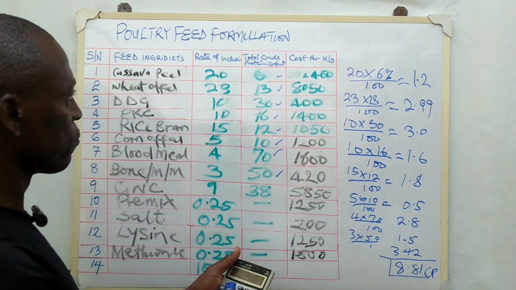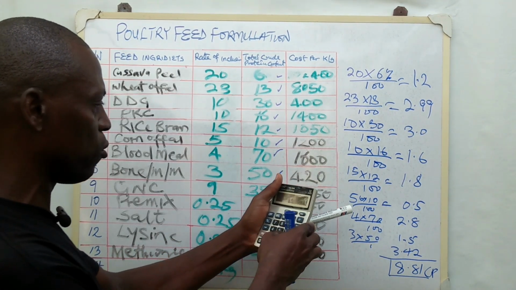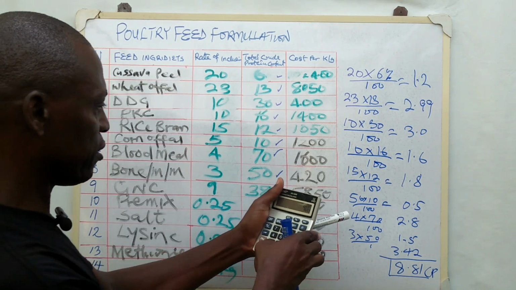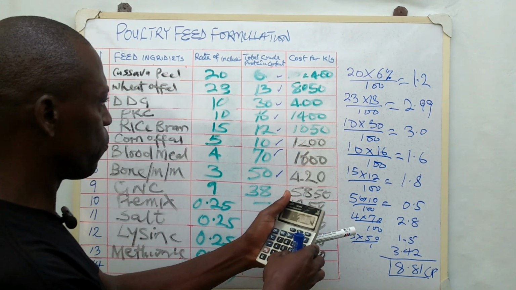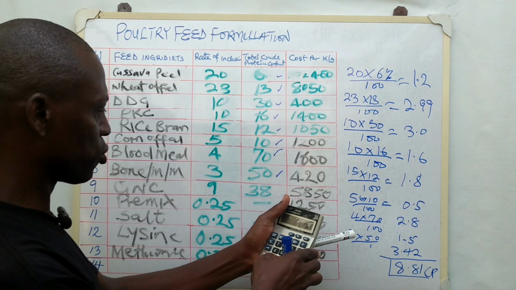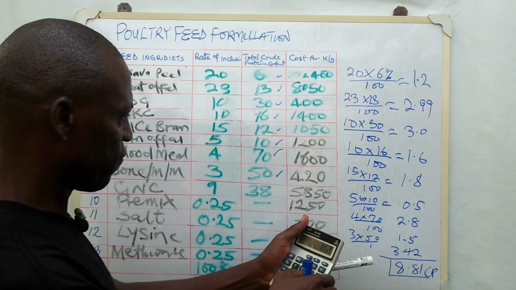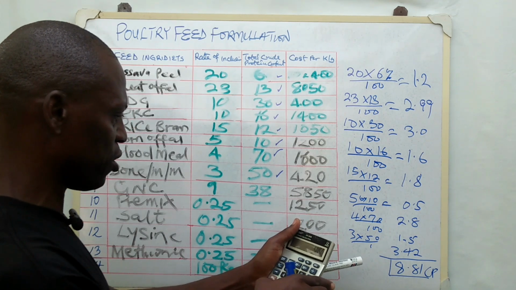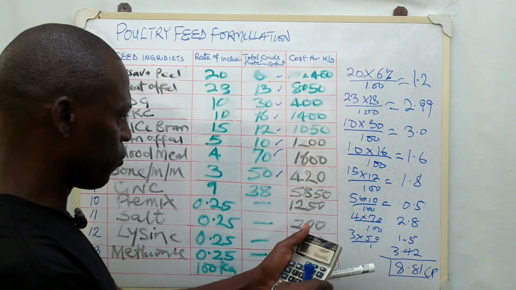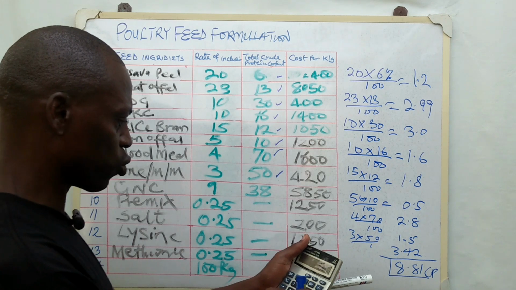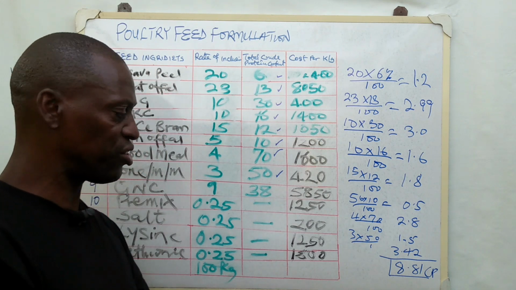Now let's get there. 400 plus 8,050 plus 400 plus 1,400 plus 1,050 plus 1,200 plus 1,600 plus 420 plus 5,850 plus 1,250 plus 200 plus 1,250 plus 1,800 equals 24,870 naira.